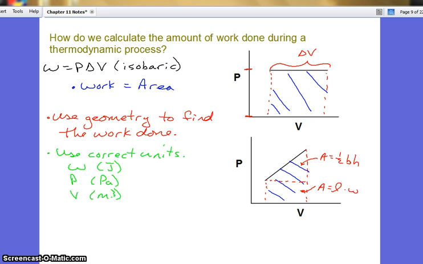in order for this to work out. Now we can get positive work and we can get negative work. We have positive work if the volume increases. So positive work occurs when the volume increases.